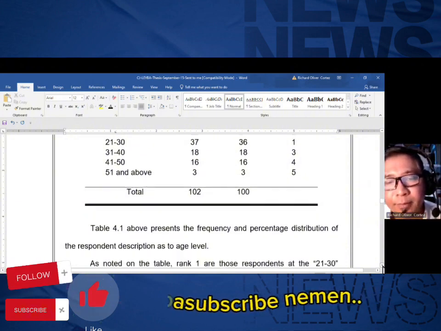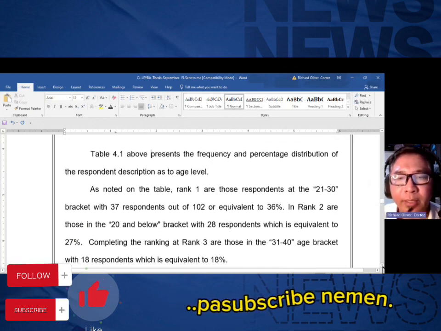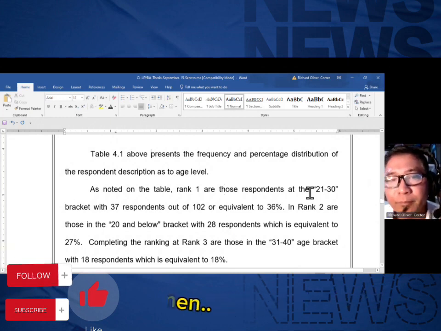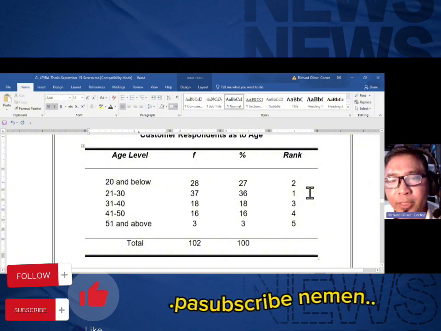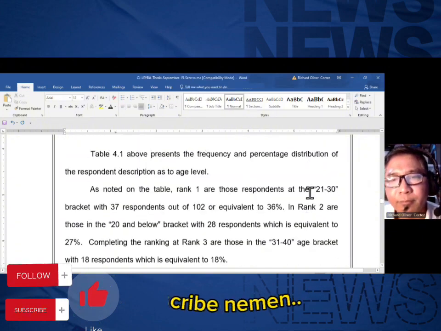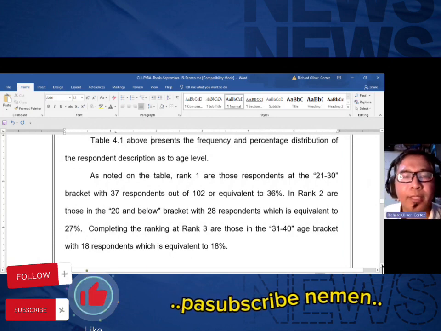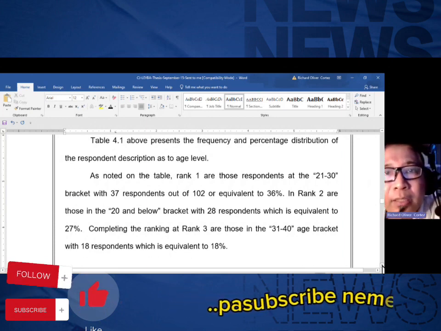And the second paragraph, you will write here per rank. So we have like 5 indicators, but you may not discuss all 5 indicators anymore.